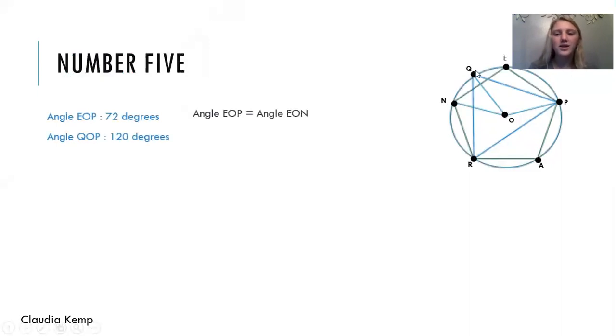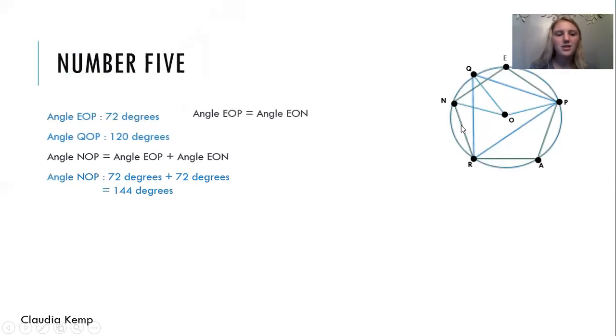Angle QOP is 120 degrees, which we know by dividing 360 by 3, since the triangle splits the circle into 3 parts. And we can see the angle NOP is angles EOP and EON combined. So therefore, angle NOP, since angle EOP and EON are equal, would be 72 plus 72, or 144 degrees.